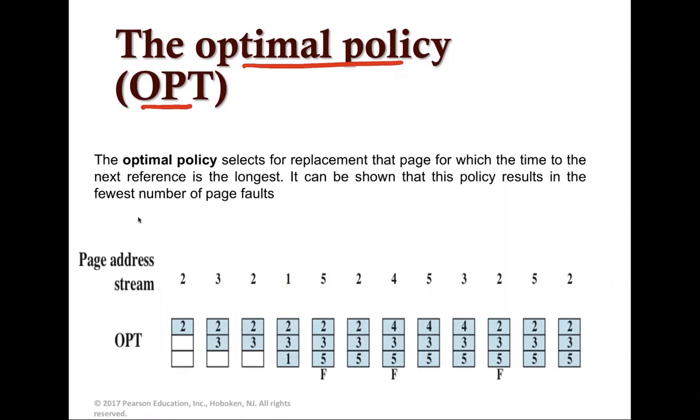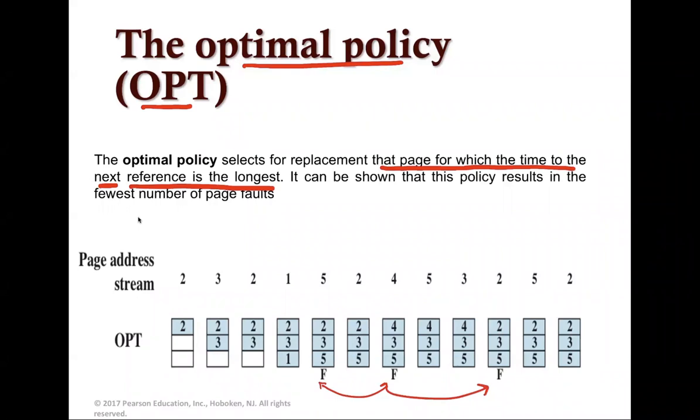The optimal policy selects for replacement the page for which the time to the next reference is the longest. It can actually be shown that this policy results in the fewest page faults, as we have seen before, just 3 of them, which I will explain to you how you could extract.